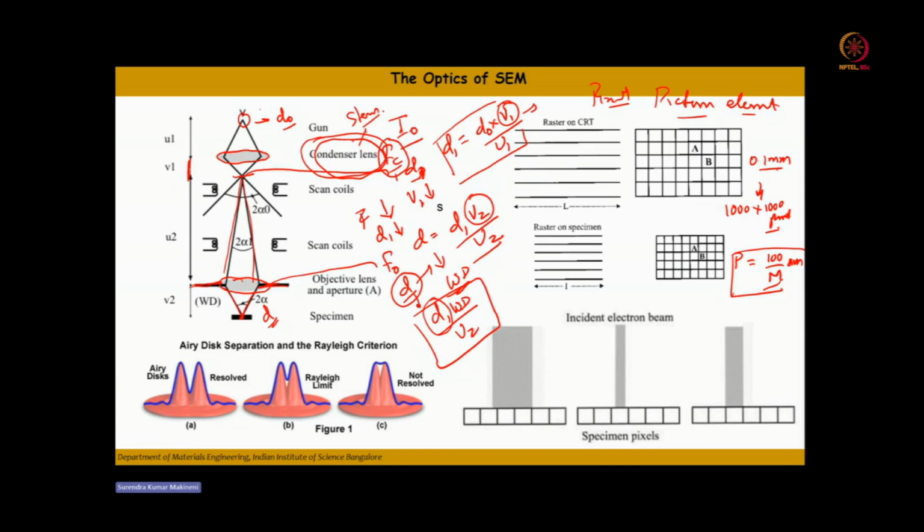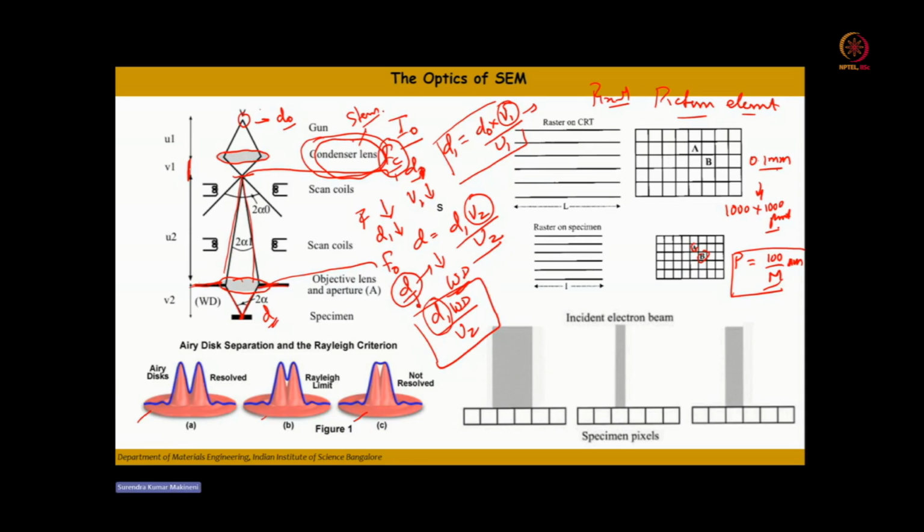Now, this pixel size is important for the resolution also. Remember, in an earlier class, we described that the resolution is the minimum distance at which two objects can be separated, to resolve A and B. So, for example, if in your sample there is a sample feature A and sample feature B, and you want to resolve A and B, the resolution should be such that these two can be differentiated.